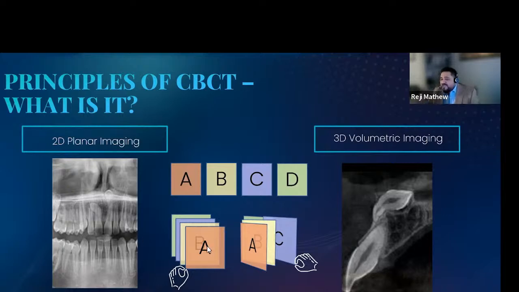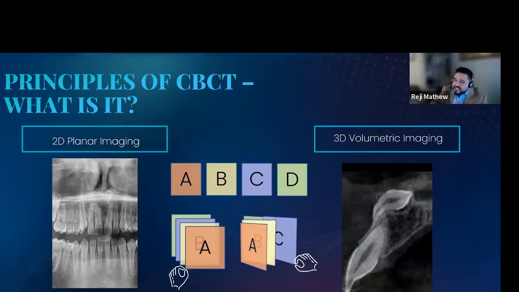This is a great example which I show my students. It's almost like a stack of cards. With two-dimensional imaging, there is some degree of magnification. Of course, structures are superimposed on each other. If you look here, I could see A, and B is kind of fading. But when I go to structure C, I can barely see anything.